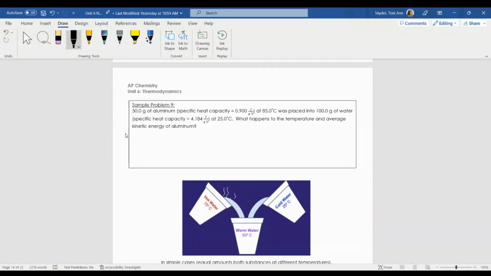Well, the temperature is going down. Temperature decreases. And if the temperature decreases, this also means that the kinetic energy must also be decreasing. And this is for the aluminum. Okay, if it was asking for the water, we would say the temperature and the kinetic energy are both increasing.